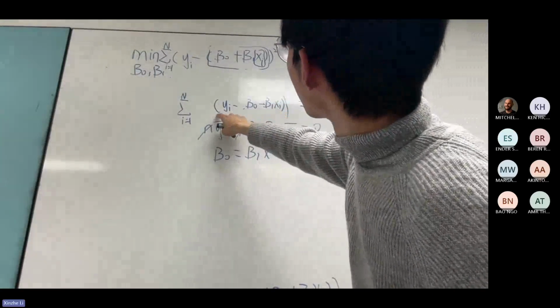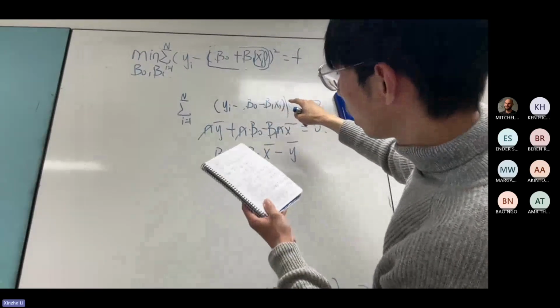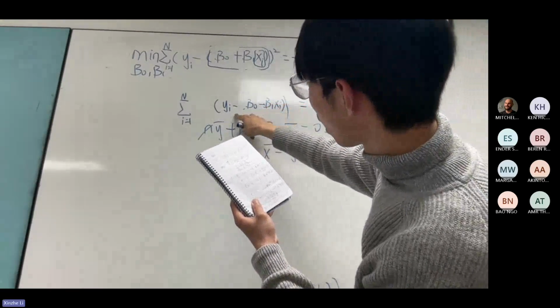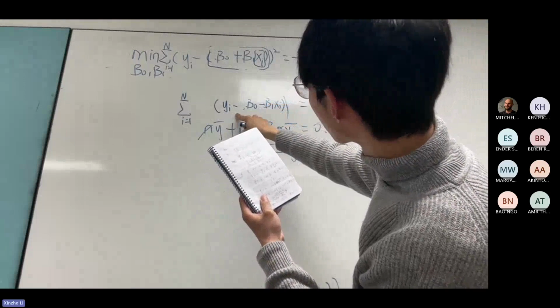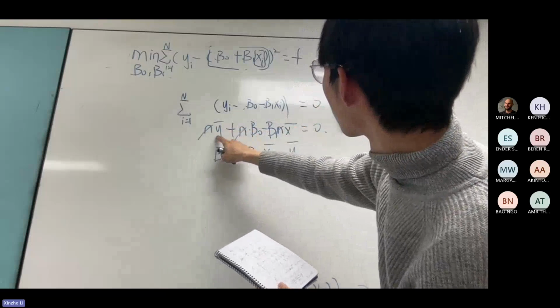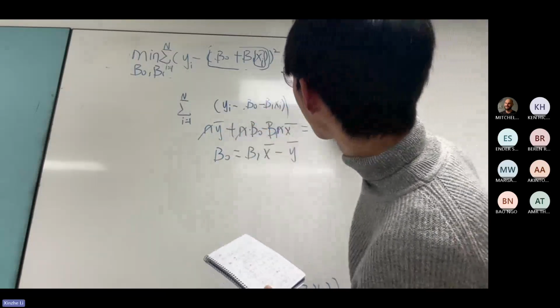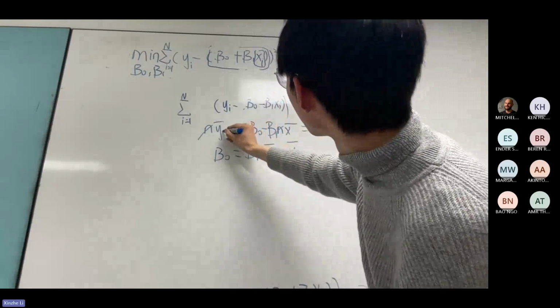I actually lost a negative symbol here. The yi minus n, that's there. Oh, sorry, here should be minus, right?